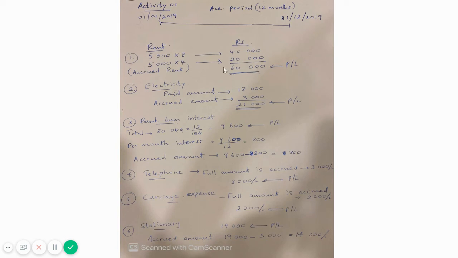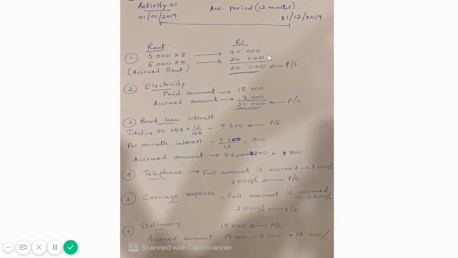Thereby 60,000 will be the total amount Nayanee must pay on behalf of rent expense, and it should be shown as rent expense in the profit or loss statement. 60,000 is the total that should be shown in her profit or loss statement.